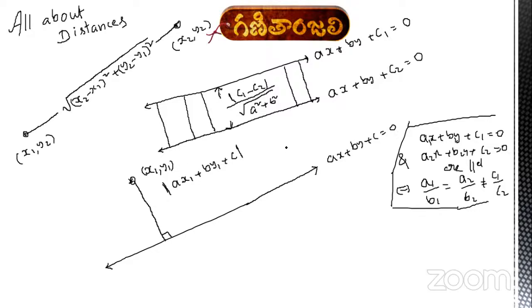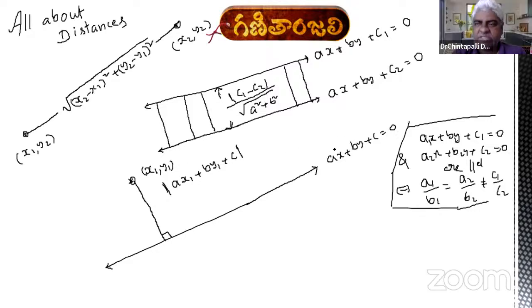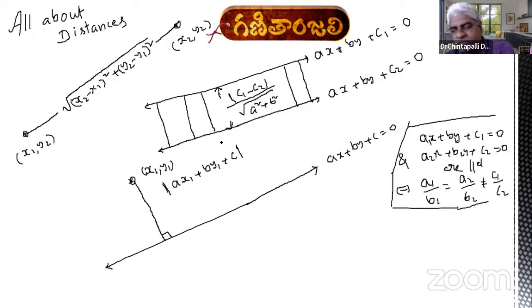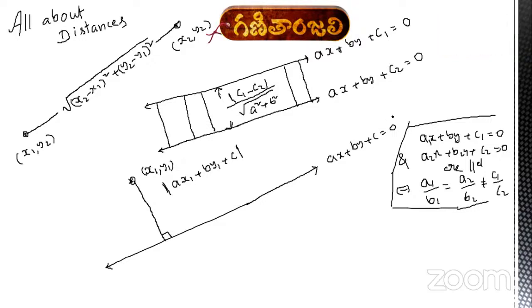Yes, sir. That means x is replaced by the x coordinate, y is replaced by the y coordinate, and the constant is the same. The is equal to 0 is not used. If we use is equal to 0, it is called an equation, not a value.